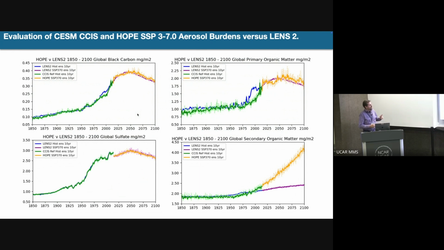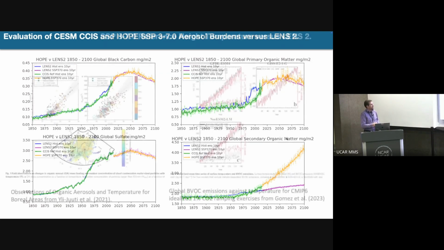In this area here, you can see that the MEGAN model responds very strongly to temperature. Out through SSP3-7.0, we're seeing this large ramp up in volatile organics that we don't get from the CMIP6 forcing data sets.